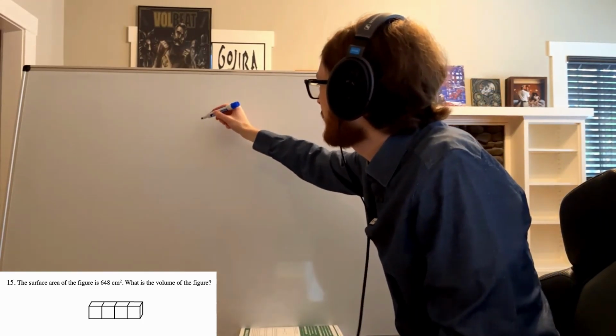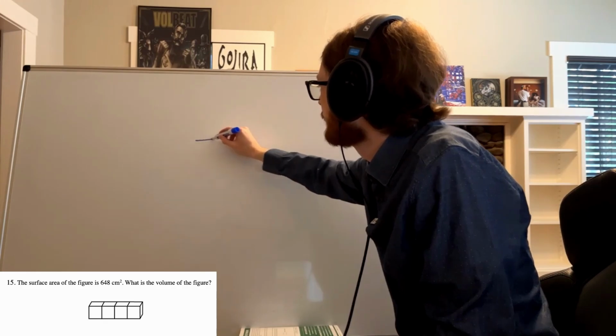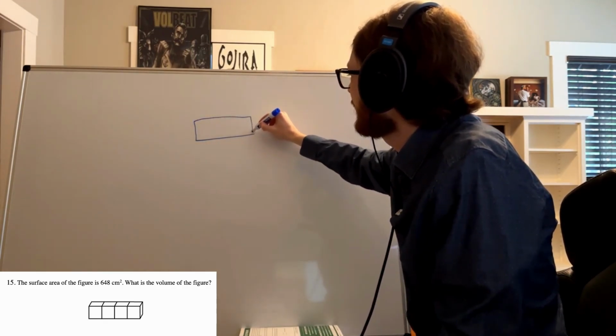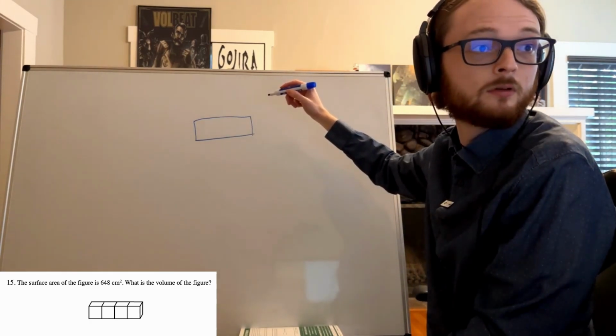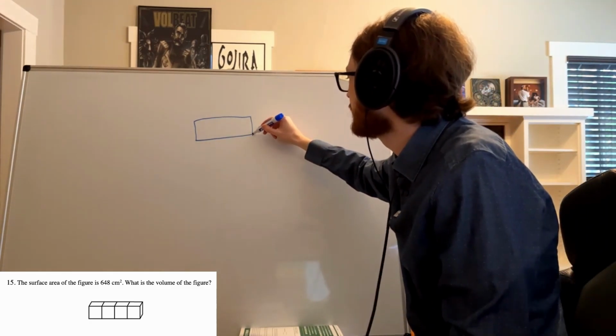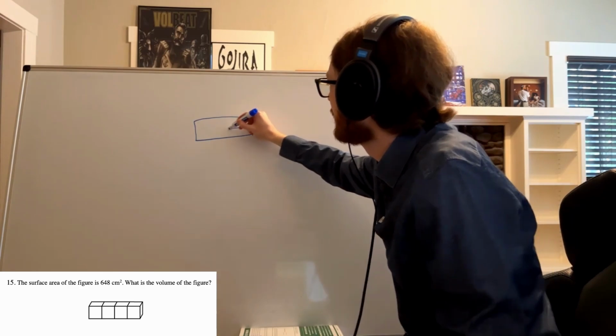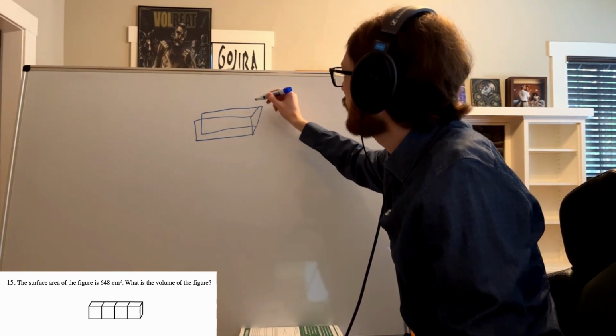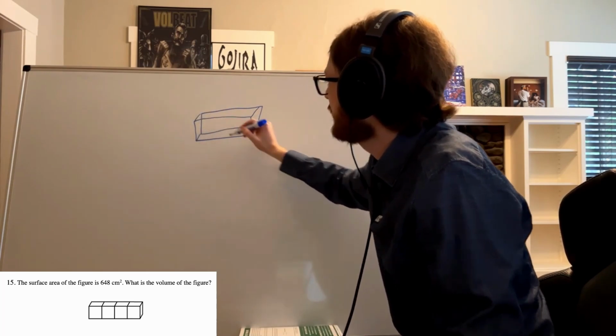And this one, it's divided up into four seemingly equal cubes. I think we're safe to make that assumption. And they don't actually say it, but it'd be mean if it was anything else. This is a horrible three-dimensional drawing, but just bear with me.